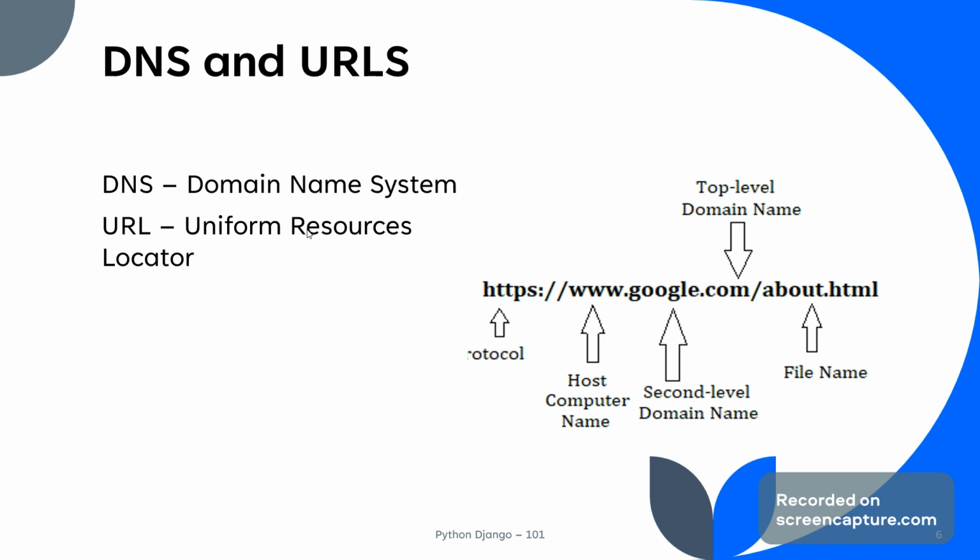Rather, we save a name there. What does the Domain Name System do here? DNS converts the IP address into a human readable name. For example, Google has an IP address of 4 digits, but we cannot see it.